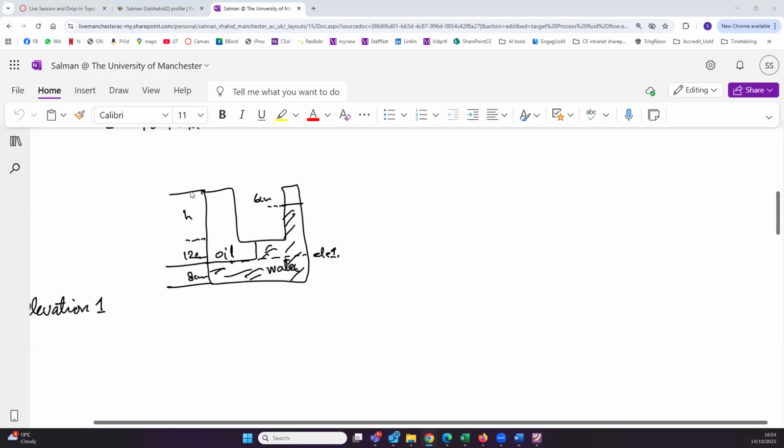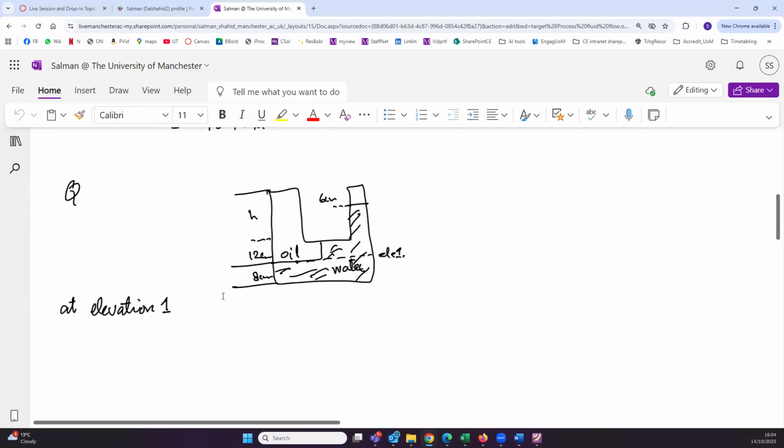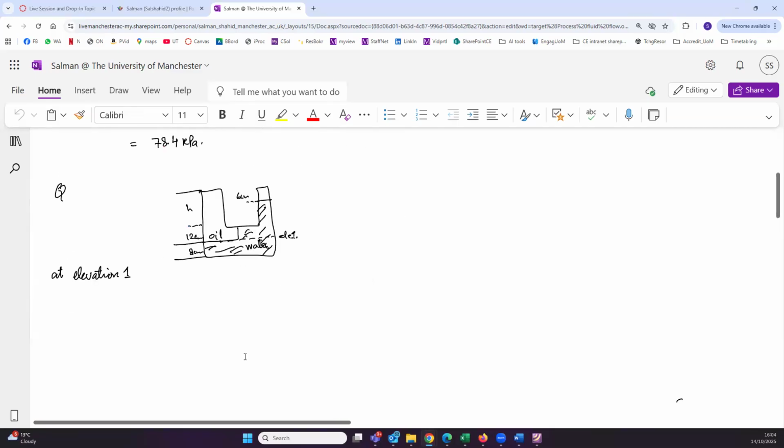So the height from this point to this point is 0.12 plus h. I'm not sure if it is coming on the screen. It's not coming, unfortunately.